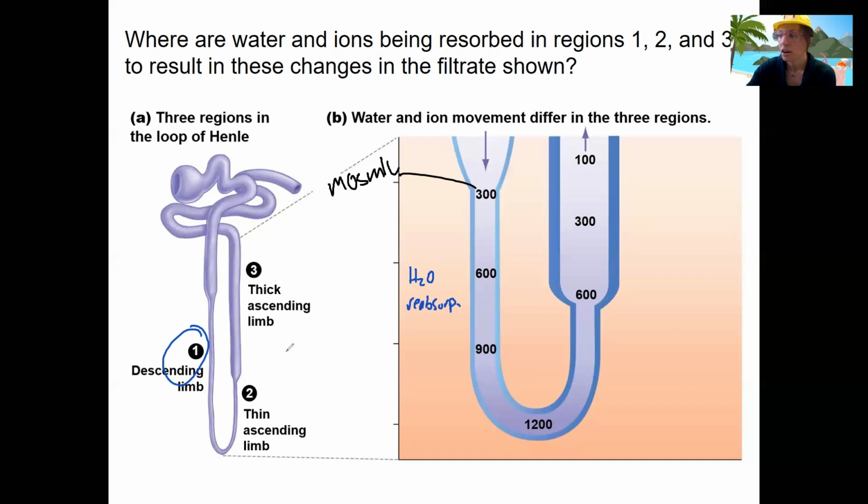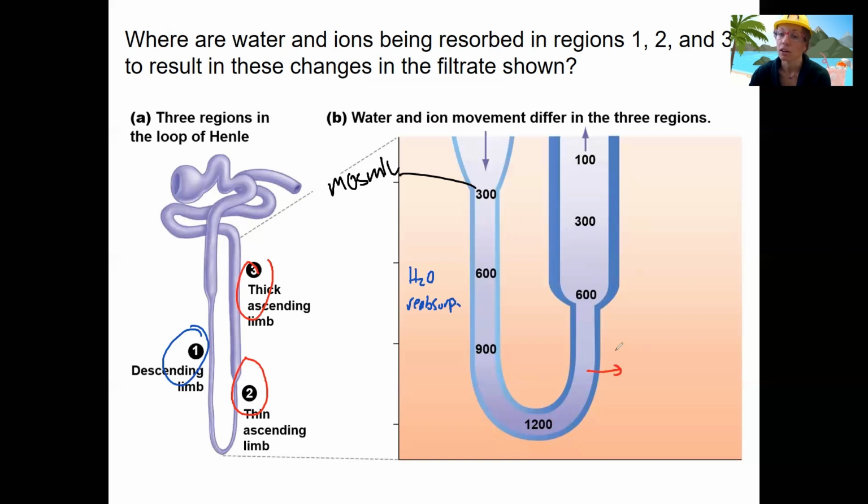As we go up the thin and thick limbs, our filtrate is now becoming more dilute. You see that? That's not because water is entering, because reabsorption is occurring here. We don't want to put water into our urine at this point. We'll regulate that later. Right now we want to reabsorb everything.